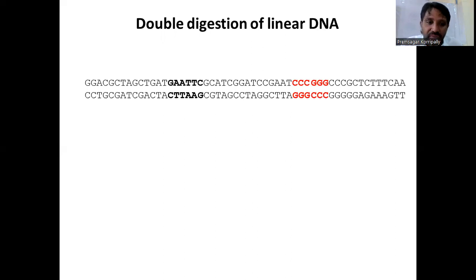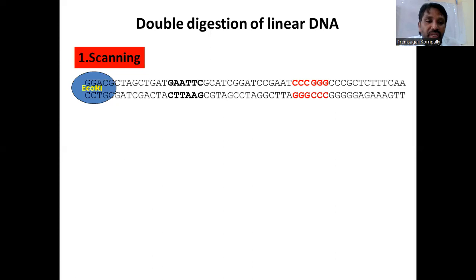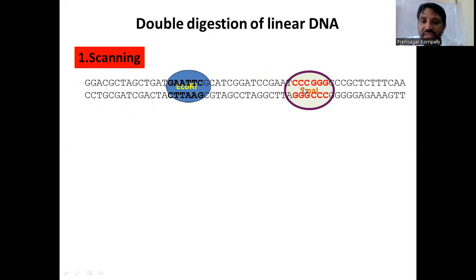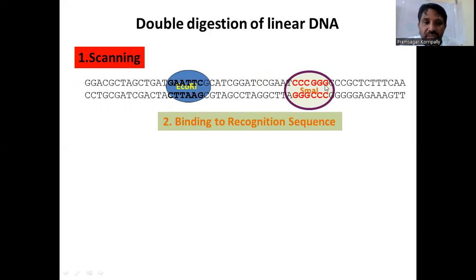You can see the same thing here. First is scanning. EcoR1 goes to its respective restriction site and binds to it, right? Then SmaI also scans for its restriction site and stops at its restriction site, that's CCCGGG. Once it stops at its restriction site, that's called binding to a recognition sequence.